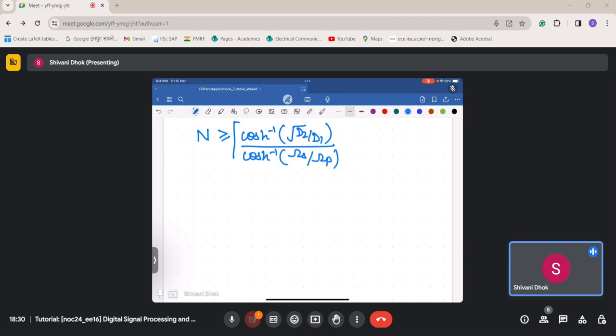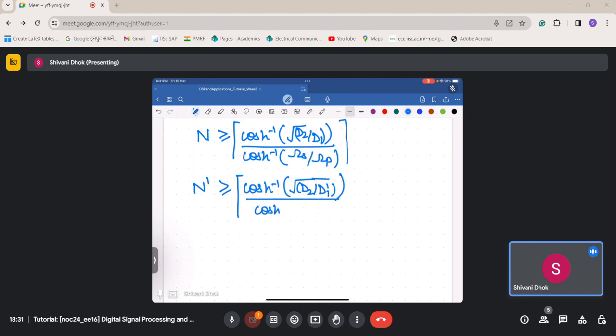Now the stopband and passband edges for both the filters are the same. So this is for n. In a similar way, we have n prime, which is greater than or equal to ceil of cosh inverse of under root of d2 by d1 prime, upon cosh inverse of omega s upon omega p.